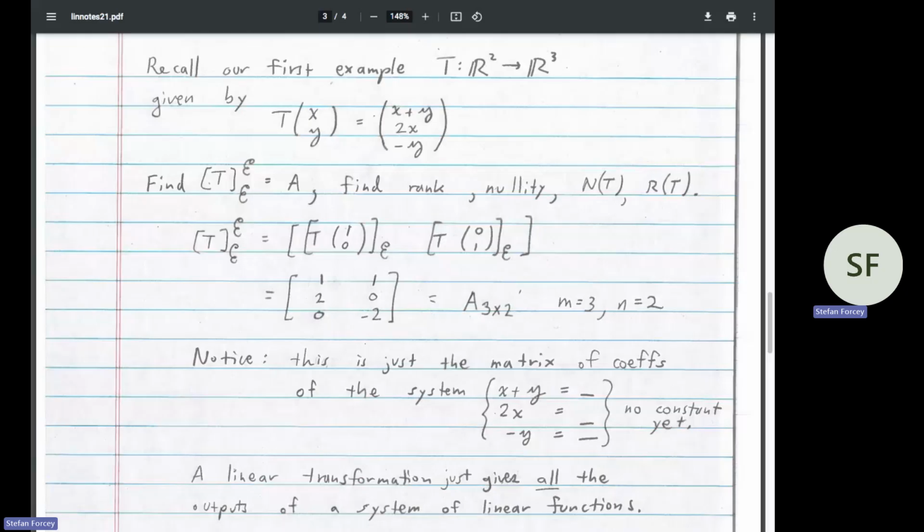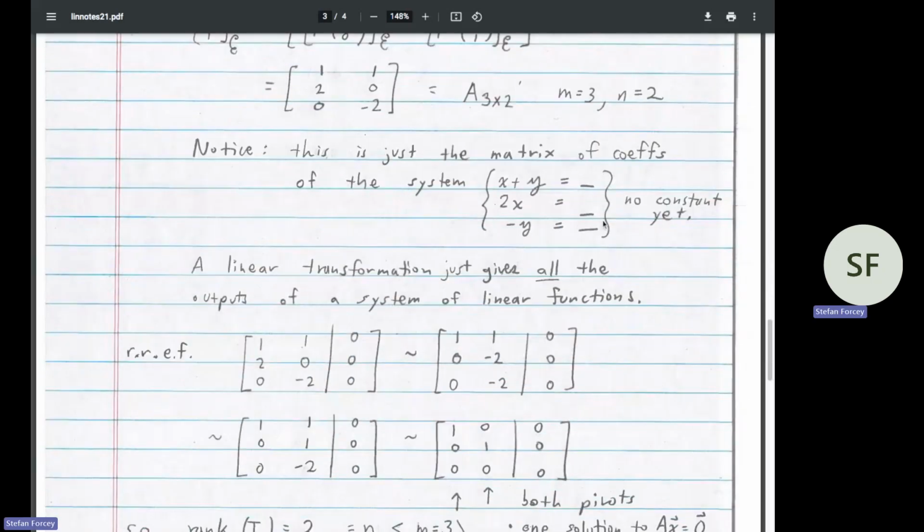So notice this is just the matrix of coefficients of a system of equations, x plus y, 2x, and negative y equals, and we don't have a constant in there yet. So it's like the matrix of coefficients of a system where we haven't put in 0, 0, 0, but that's basically what we're going to do next.